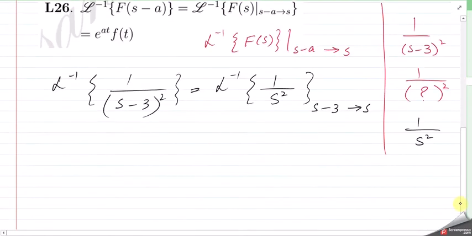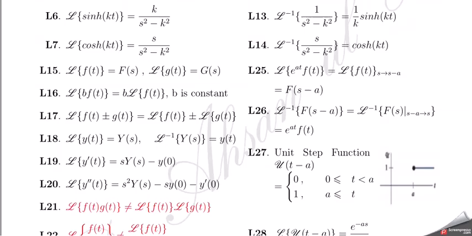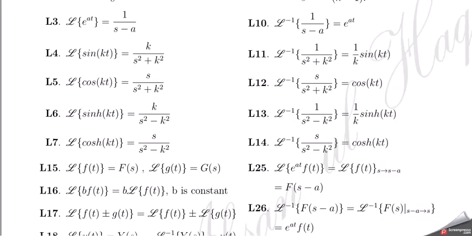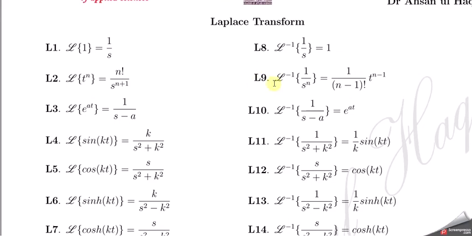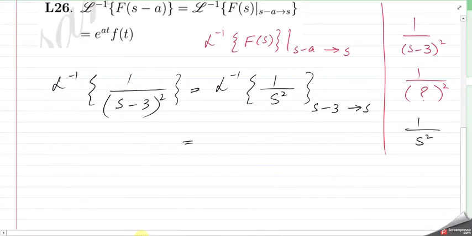So we get this. Do we have a formula for 1 over s square? Yes, we do have a formula for 1 over s square from here. If n equals 2, then we can use this formula. But what do we do with this part?